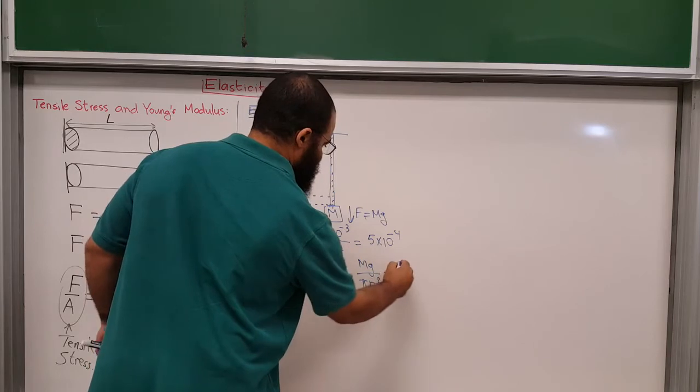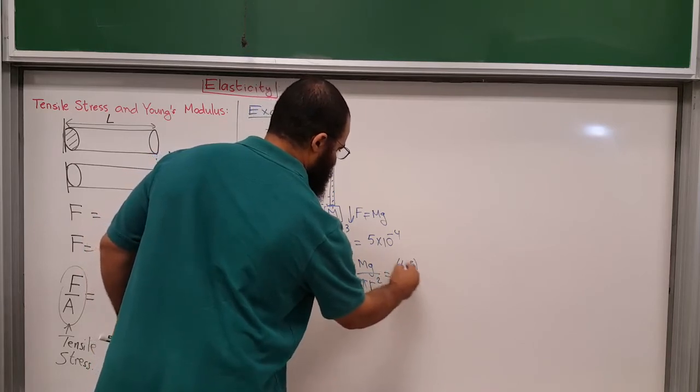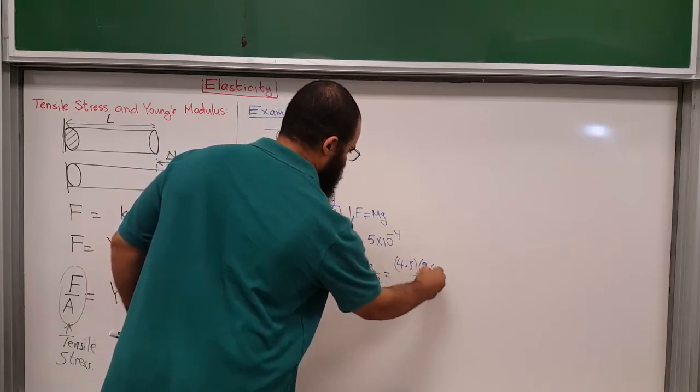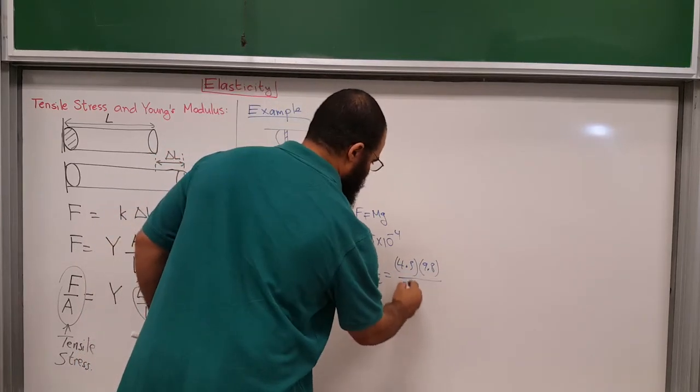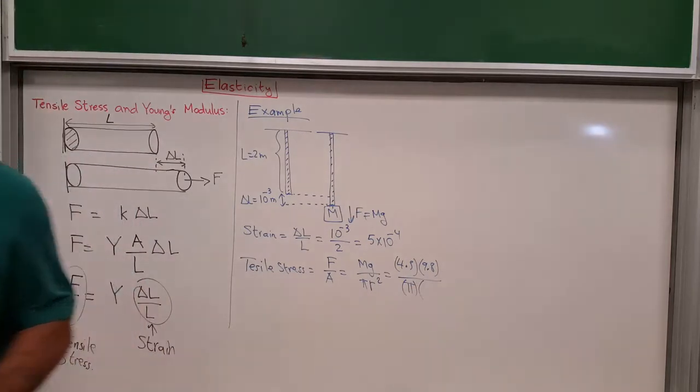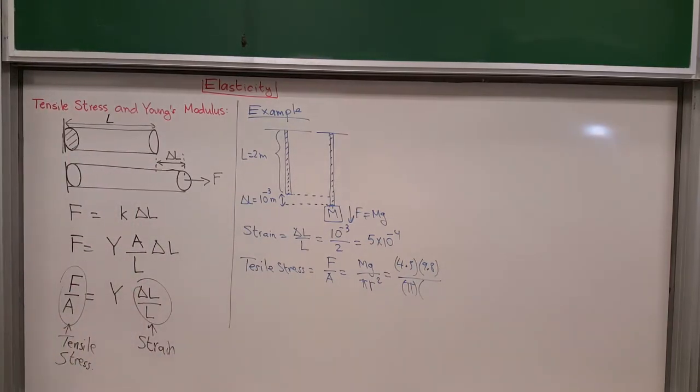Okay? The mass, I believe it said 4.5 kilograms, and gravity, of course, 9.8, divided by pi r squared. And I think they said the diameter was, let me read it again. The diameter was 1 millimeter.